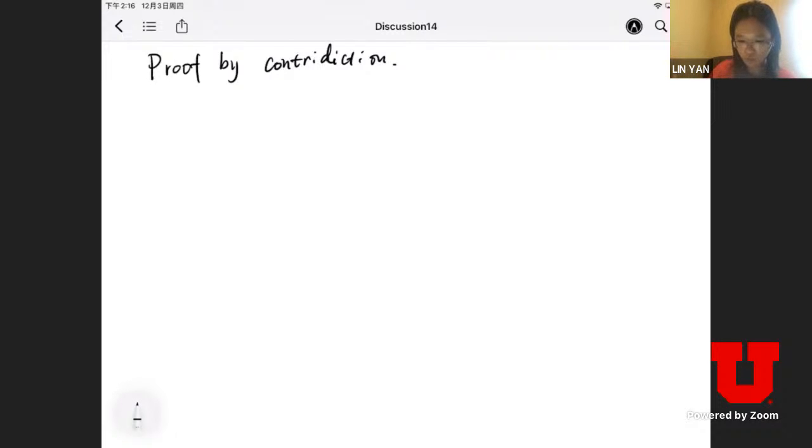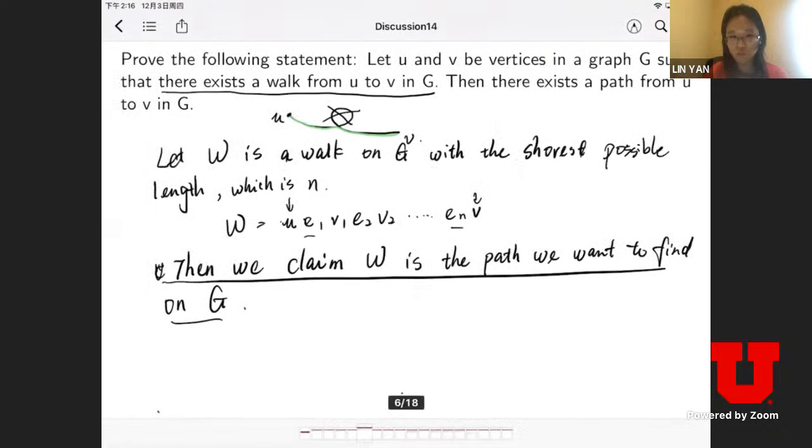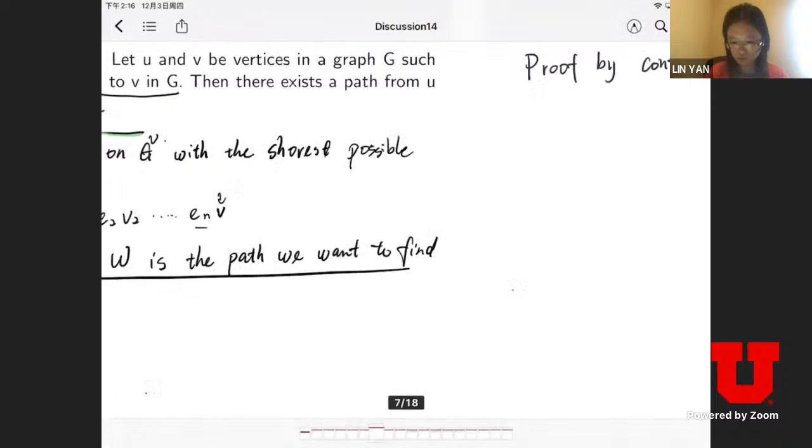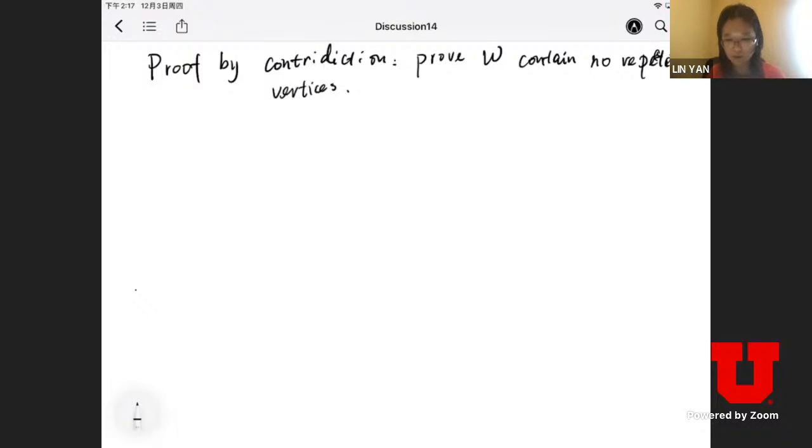If we want to prove W is a path, we need to prove W does not contain any repeated vertices. To prove it by contradiction, we assume that there are repeated vertices in W.